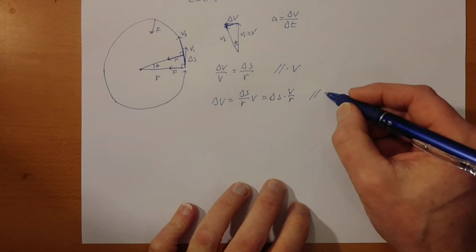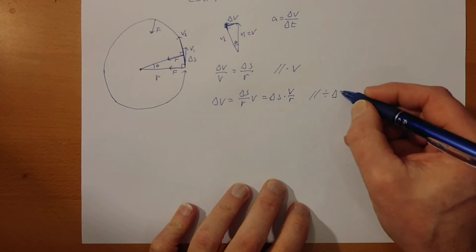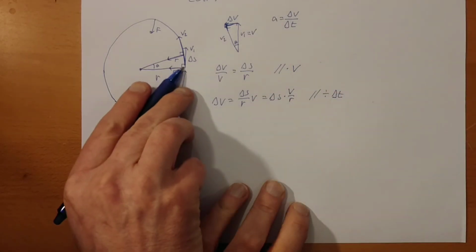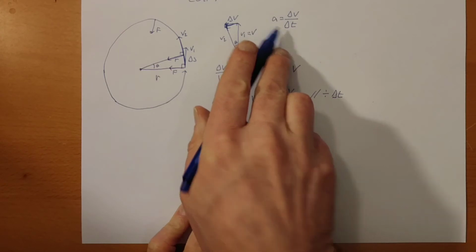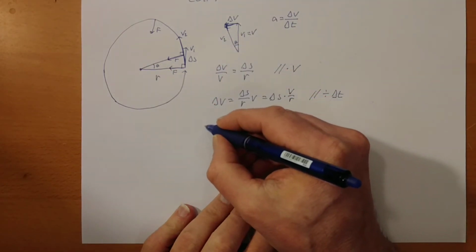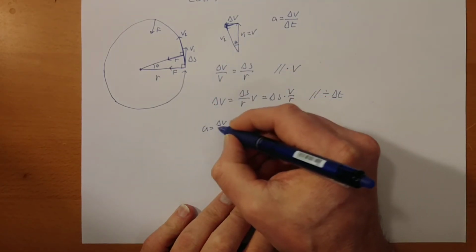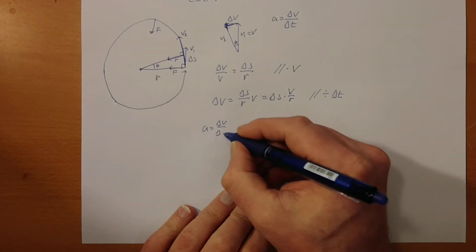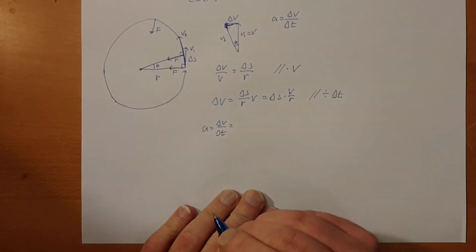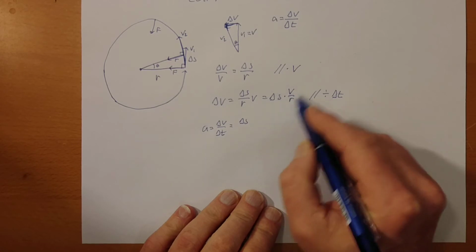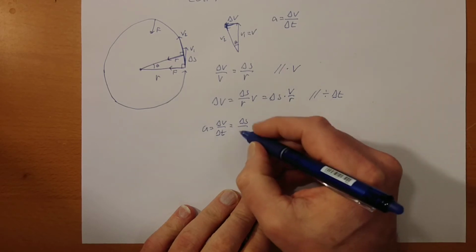Next thing we do is divide by delta t, the time it takes to move this distance, to get an acceleration, right? So our acceleration will be the change of velocity over the change of time.